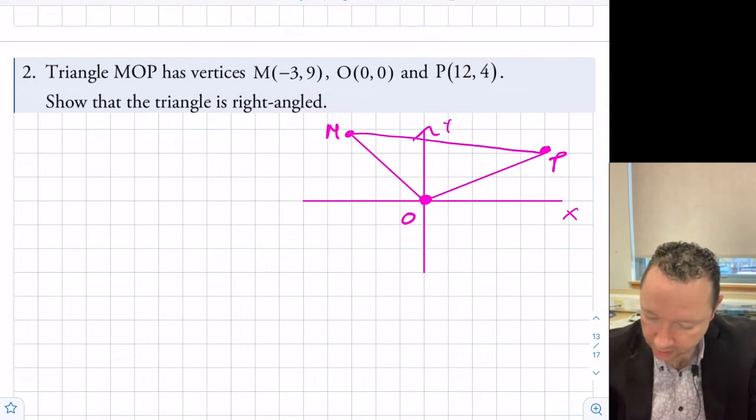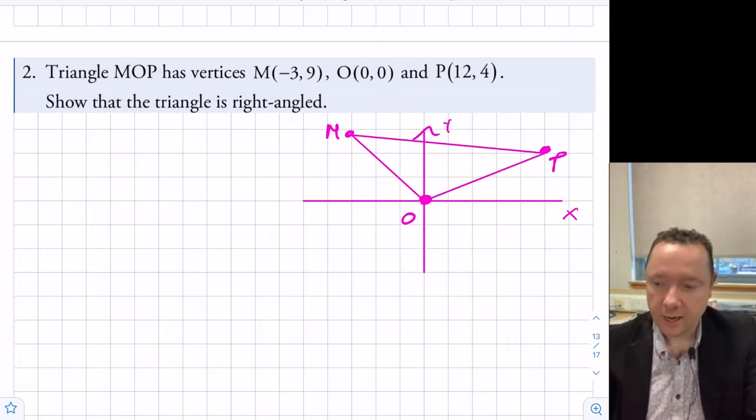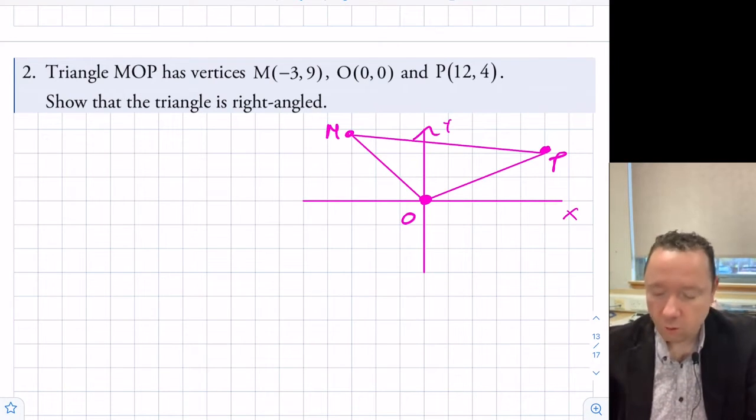We're not sure if it's right angled or not until we prove it. Now to prove it, we just need to check the gradients of each bit and see if any two make a right angle. We would hope it's going to be MO and OP.